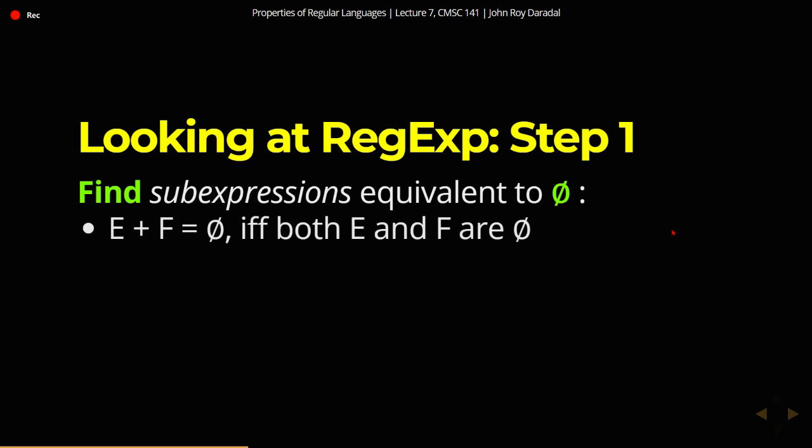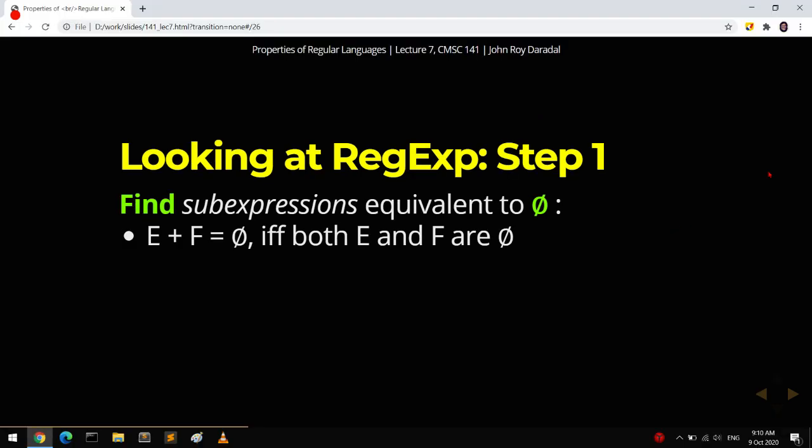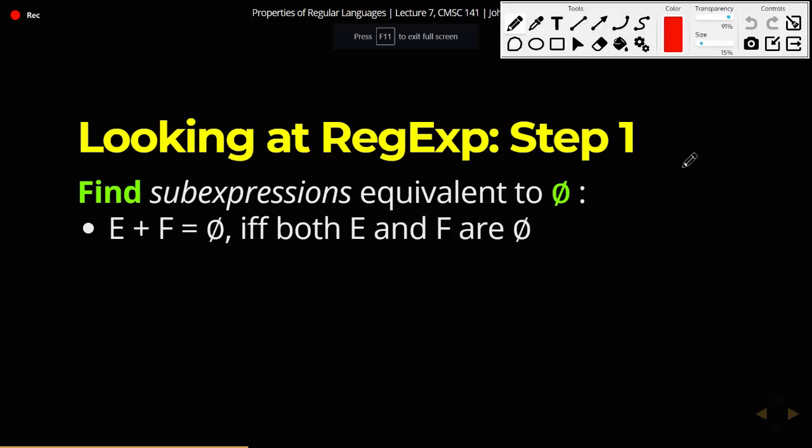So for example, E plus F, the union of E and F, is null if both E and F are null. If it's null union null, then that's just null. You can simplify it that way.